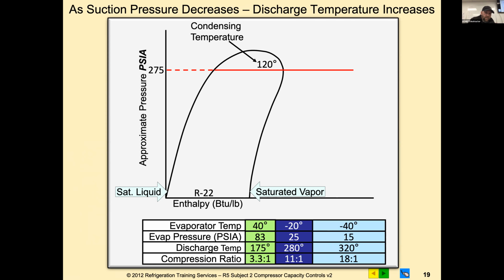Yeah, it's great. Do you know, Sean, on that note, I know that Copeland was trying to come up with a way to predict slugging or flooding too. So is that controller doing that as well, looking at that point of reference? Because if the discharge drops too low, does it have anything on the suction trying to measure superheat, or is it just discharge temp? Can you hear me all right now?